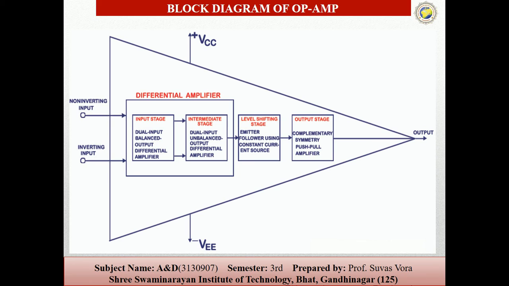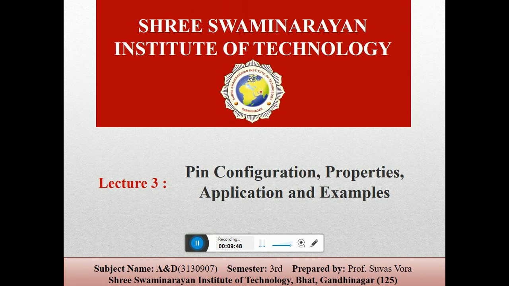It has four main stages: the first one is the input stage, then the intermediate stage, then the level shift stage, and the output stage. In the last lectures we saw this type of information on the op-amp. Now today's lecture is on the pin configurations, properties, applications and examples of the op-amps.